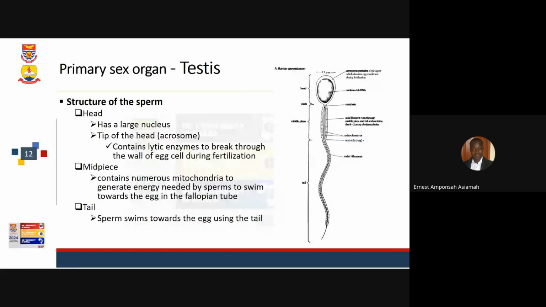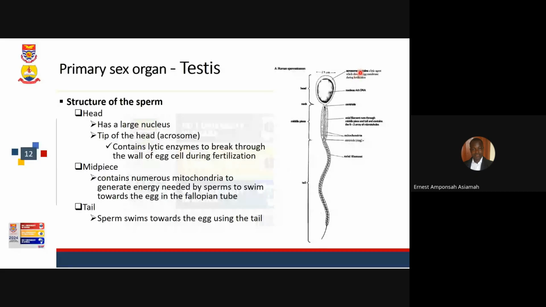Now, the sperm has a head. In the head is a nucleus, and at the tip of the head is a component called the acrosome.